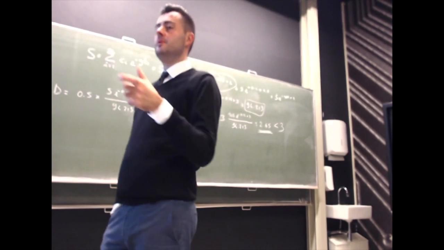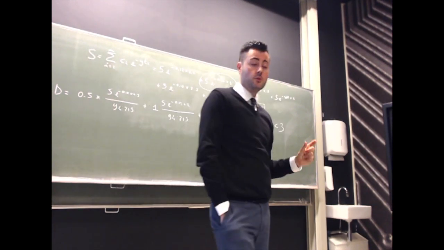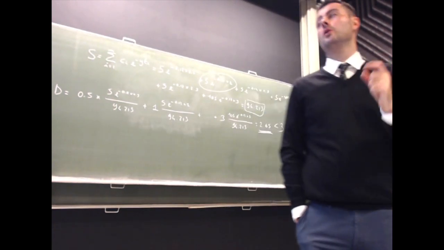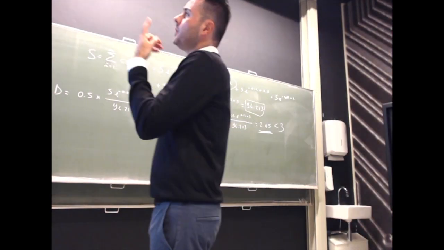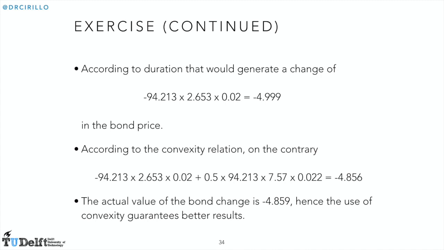Now let's see what happens if we use the duration approximation or we also introduce convexity. If we use the duration approximation, what we have to do is just apply the duration formula. So the change in my market value would be the old one minus the old one times the duration times the change, 2%.